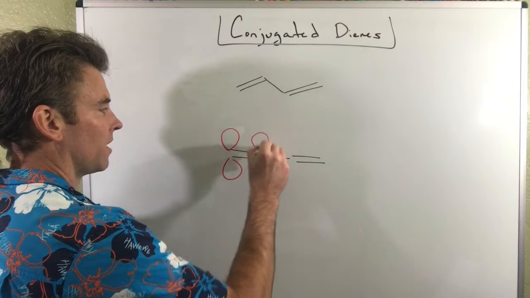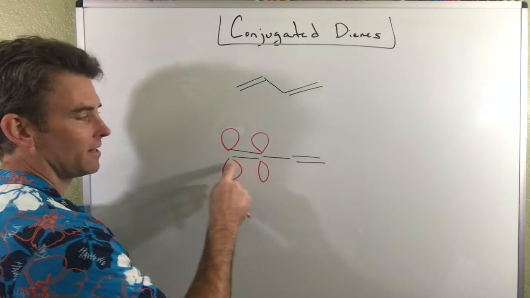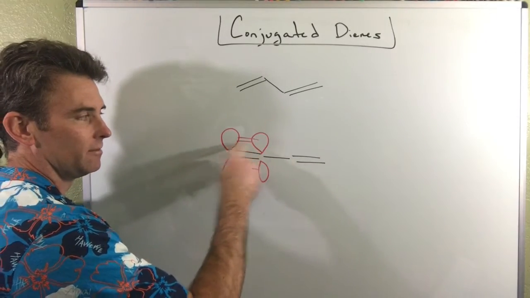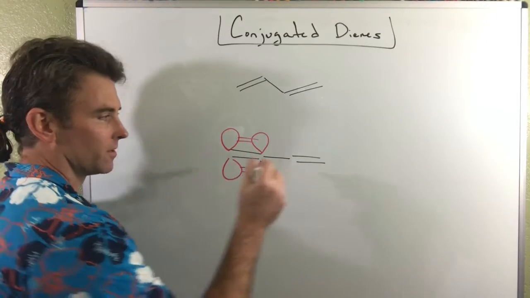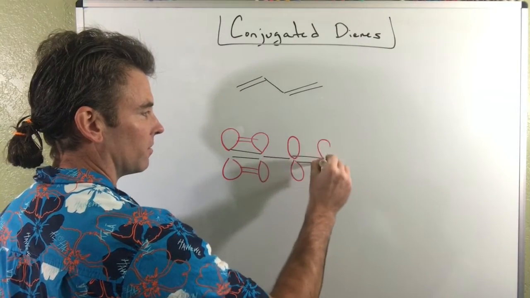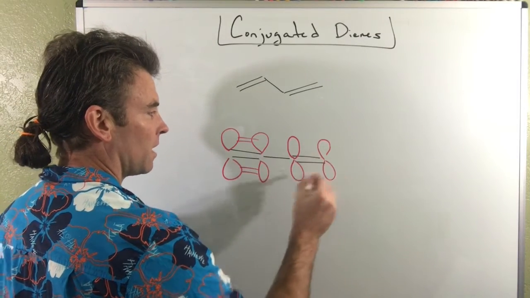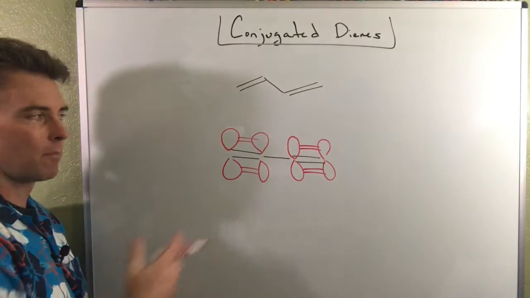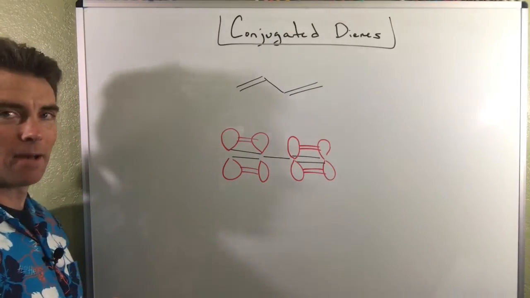There is a pi bond that's represented by these unhybridized p orbitals here. And you could imagine that there are also some p orbitals over here, and those are also in this sideways overlap, which I'll show like that.